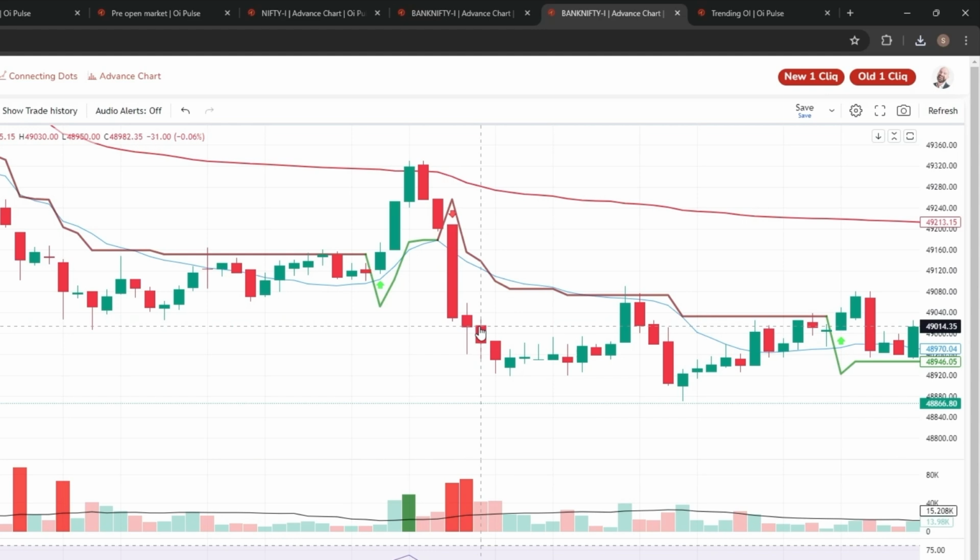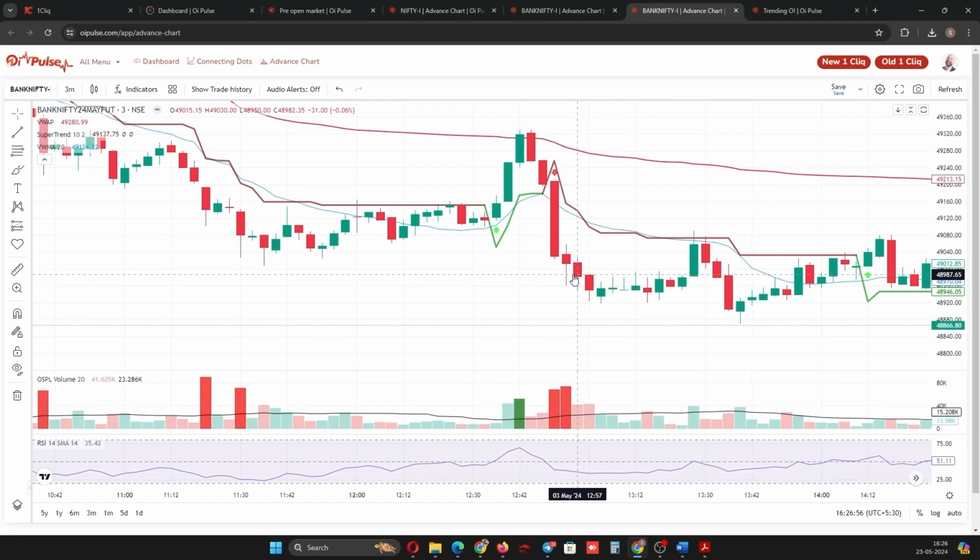You would have entered here, and once it is coming back you would have added something here, and if it is again going in your favor, you would have added here and here, and in this candle you would have exited. So your averaging should be done on both sides, not only when you are making a loss trade.